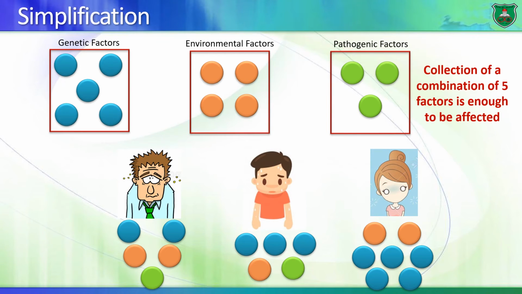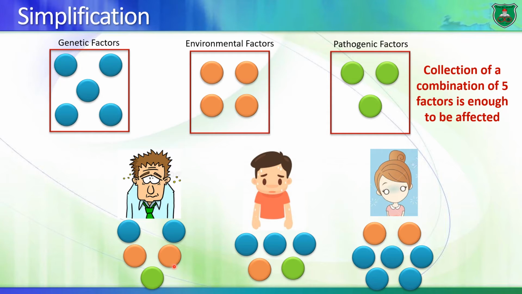Here is a simplification. Let's say there's a certain condition caused by a combination of genetic, environmental, and pathogenic factors. In order to develop the disease, you need to collect a combination of 5 of these factors. Look at these different individuals. This person has 2 genetic factors, 2 environmental factors, and 1 pathogenic factor.